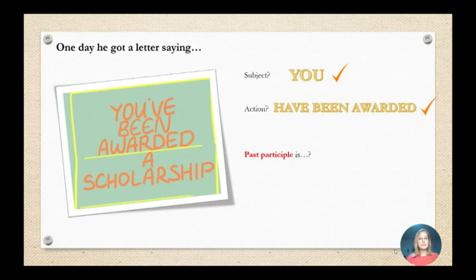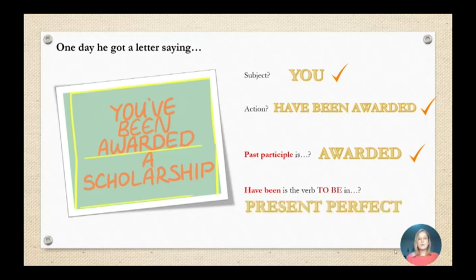What's the past participle in this action? It's awarded, of course, and it's the past participle of the regular verb award. Okay? And have been is the verb to be, since we know the pattern for a passive sentence. In which tense? Present perfect.